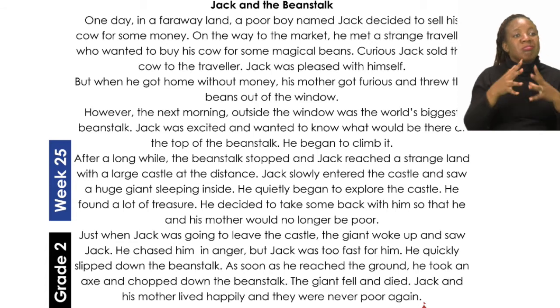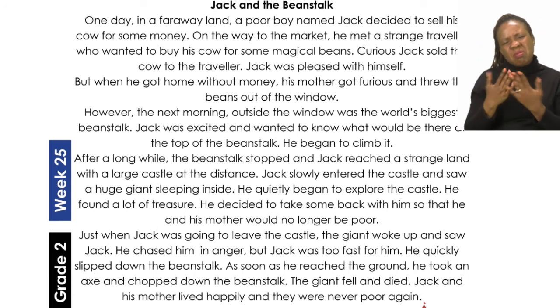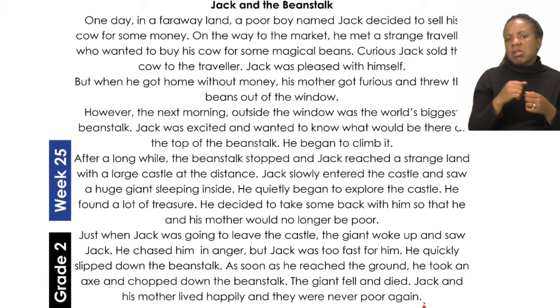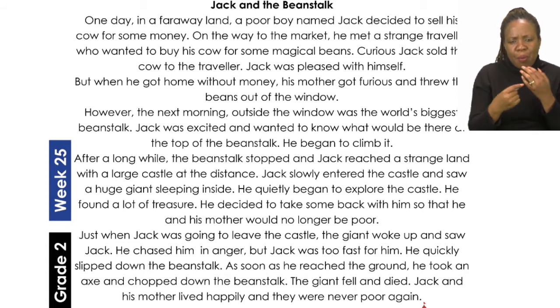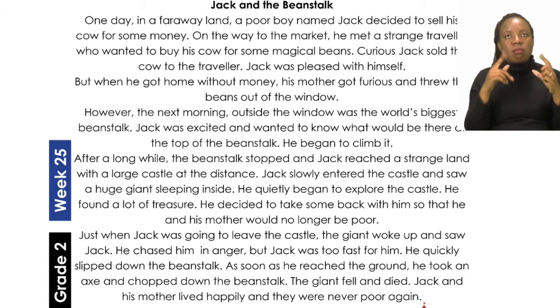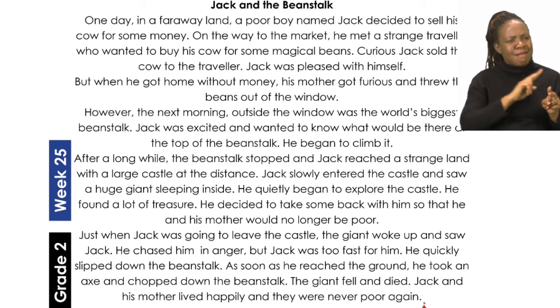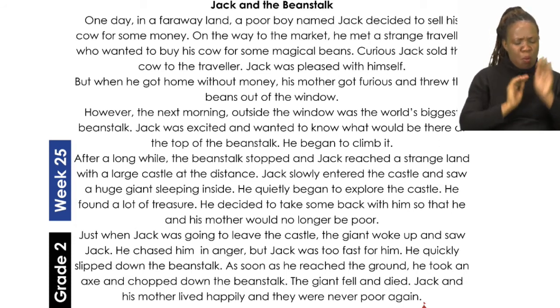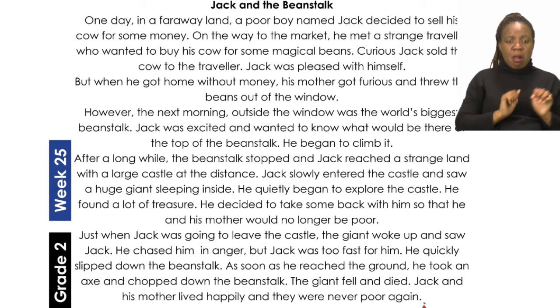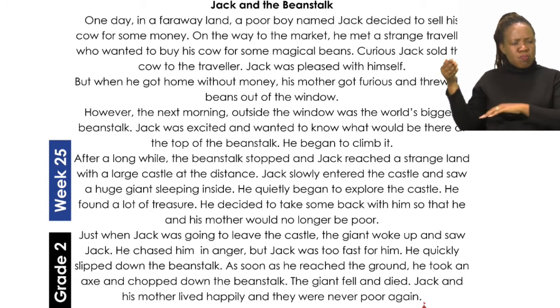He decided to take some back with him so that he and his mother would no longer be poor. Just when Jack was going to leave the castle, the giant woke up and saw Jack. He chased him in anger, but Jack was too fast for him. He quickly slipped down the beanstalk. As soon as he reached the ground, he took an axe and chopped down the beanstalk.